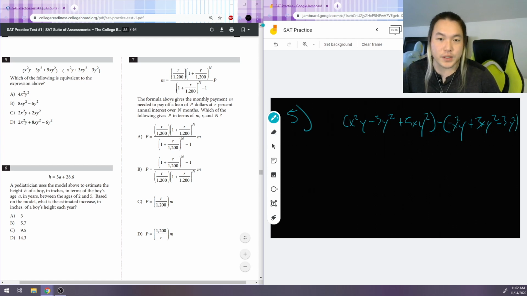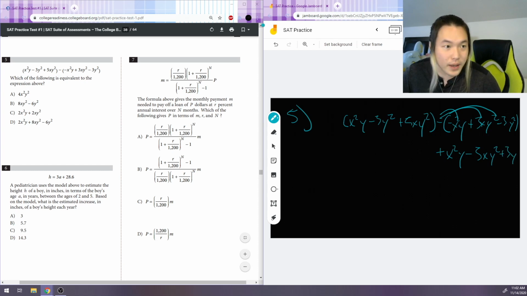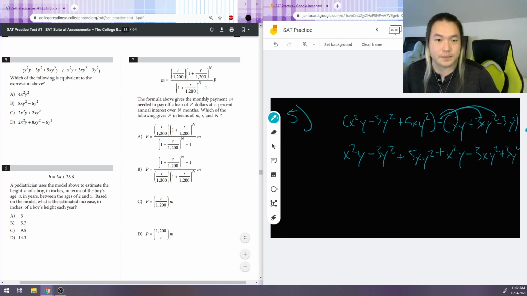Okay, so first we should start by distributing the negative throughout the parentheses. So that only applies to the second set. So here we get negative is a plus, x squared y plus minus is a minus, 3xy squared minus again is a plus 3y squared, okay? And then we have x squared y minus 3y squared plus 5xy squared.